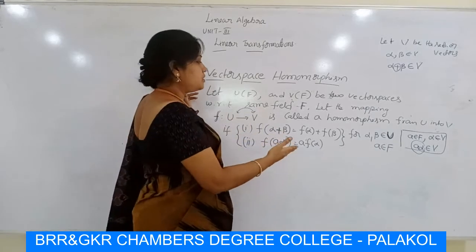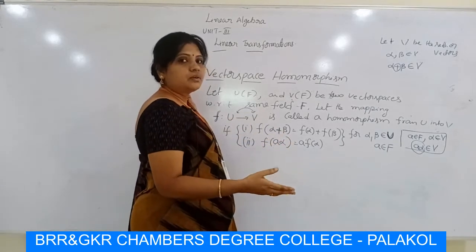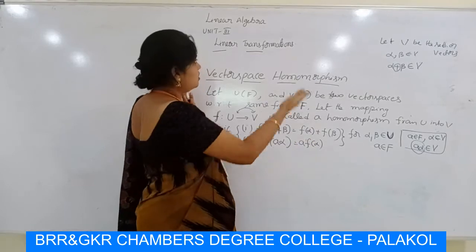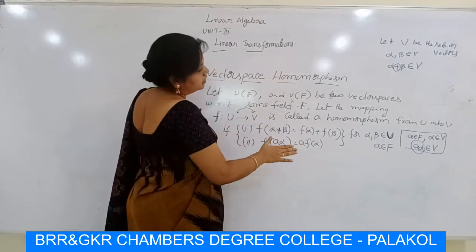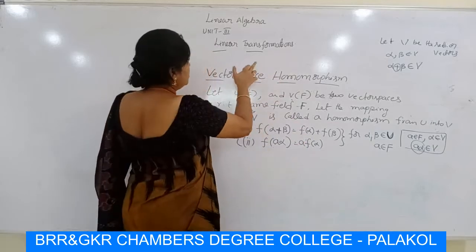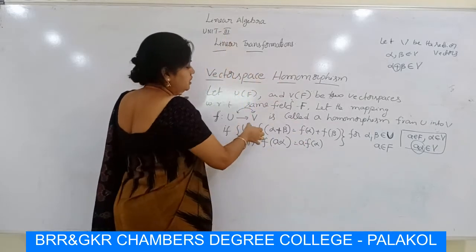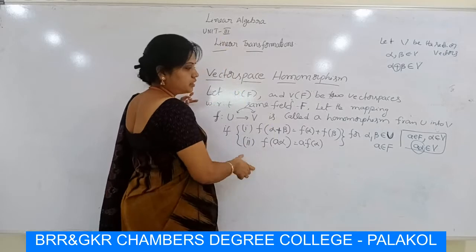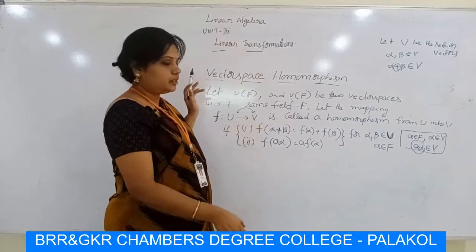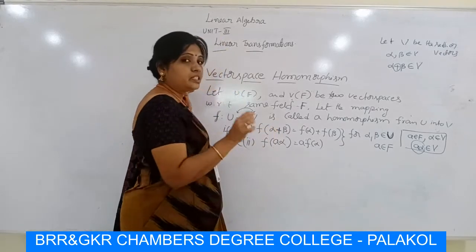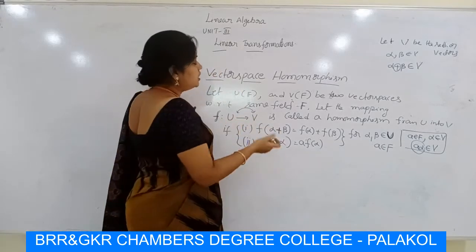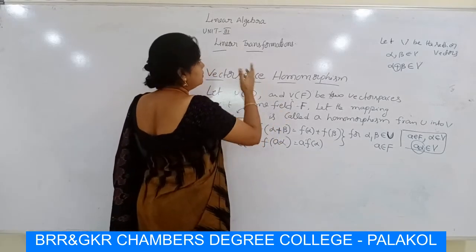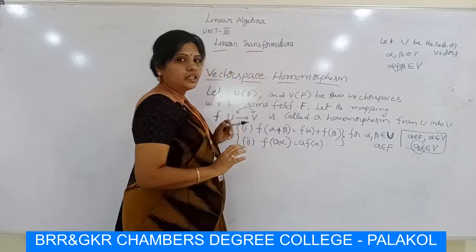The vector space homomorphism changes to some other form, called linear transformation. Here transformation means change, and linear means these two conditions are combined into a single condition, called the linear property. So this is called linear transformation.